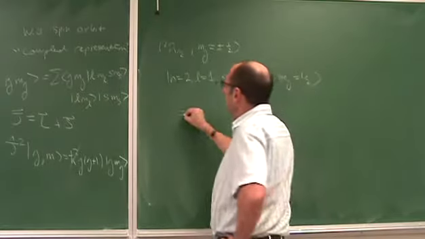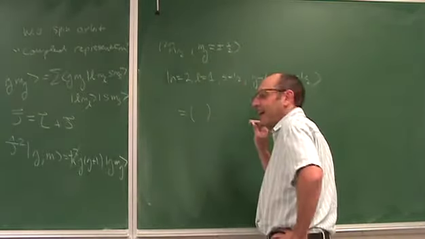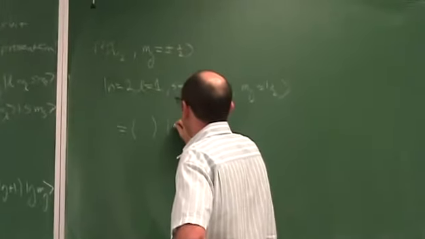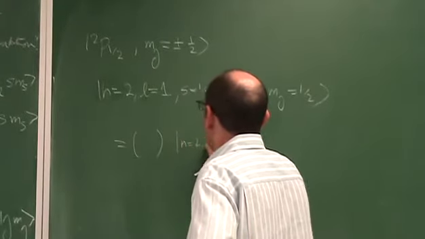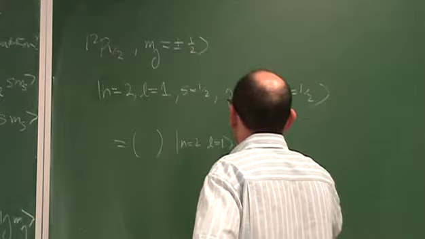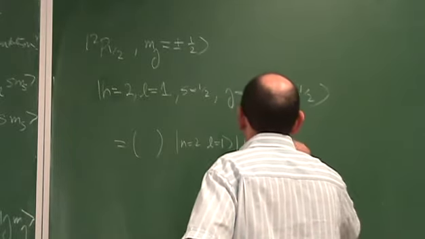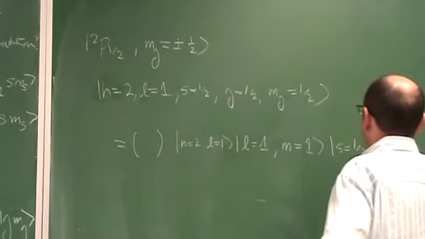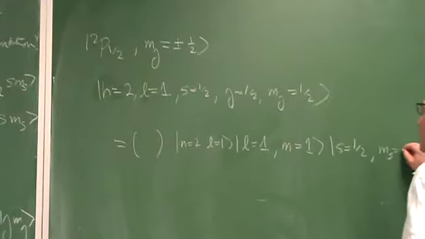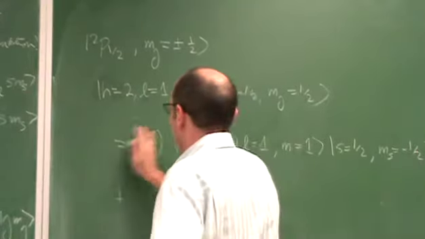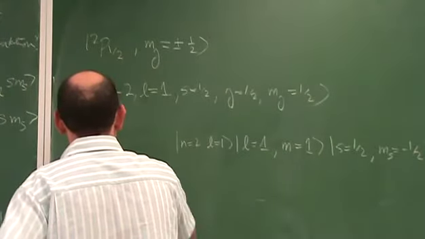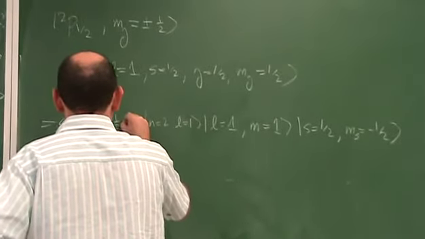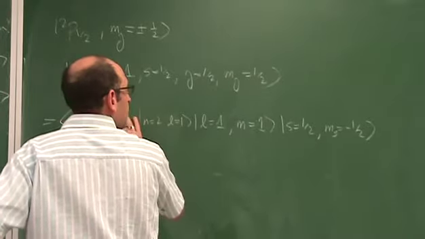Now this itself is a superposition, with coefficients that I don't remember, of n equals 2, L equals 1, m sub L equals 1, S equals a half, m sub S equals minus a half, plus some other term, where I'll put the Clebsch-Gordan coefficient here, with m sub L equals 0 and m sub S equals a half, or m sub L equals 1 and m sub S equals minus a half.